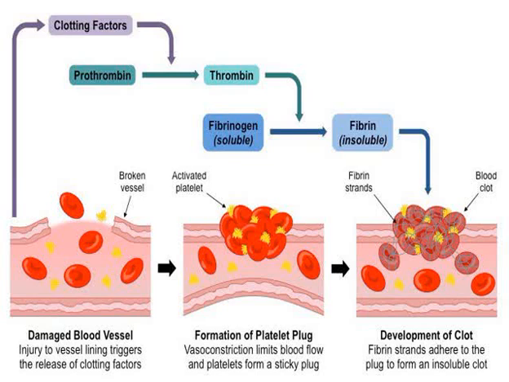Thrombi are classified into two major groups depending on their location and the relative amount of platelets and red blood cells. Virchow's triad describes the pathogenesis of thrombus formation. Disseminated intravascular coagulation involves widespread microthrombi formation throughout the majority of the blood vessels.